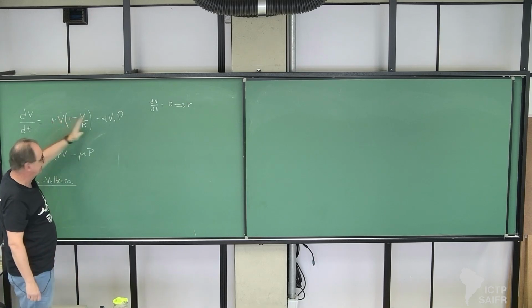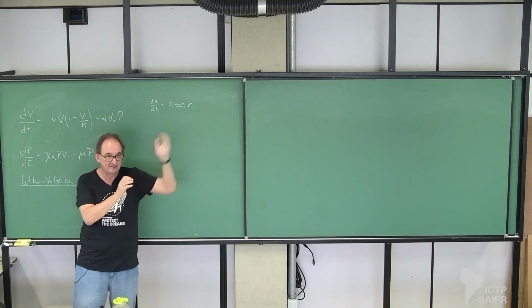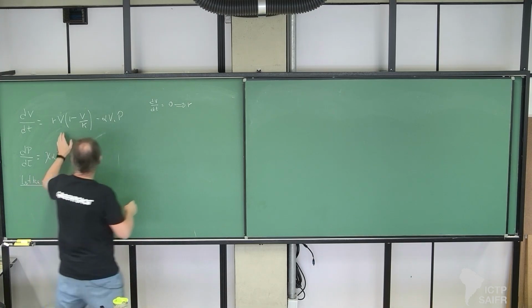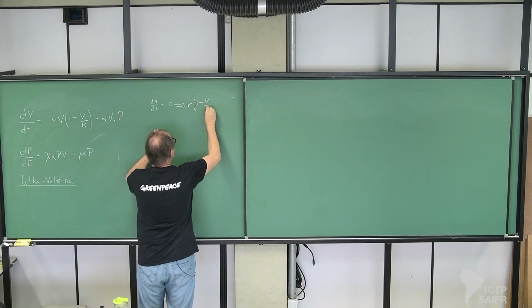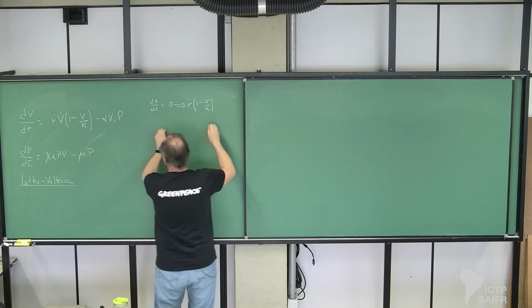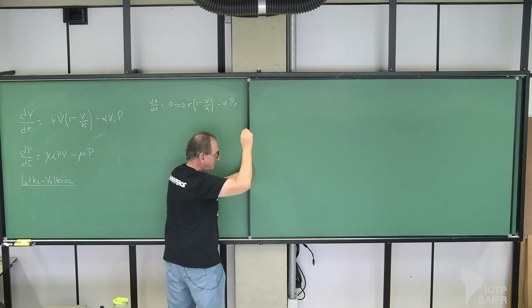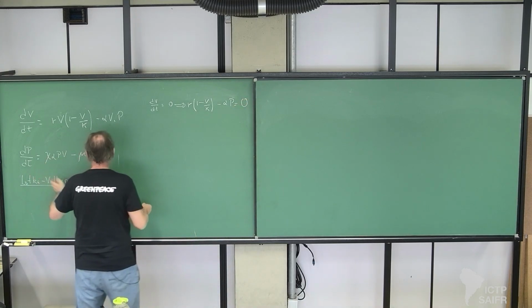Therefore, I can cancel it, because if I just write something equal to 0, V is not 0 and it appears in both terms, I can just disregard it. So r times (1 minus V over K) minus alpha P is equal to 0. Okay? And the other one is not modified.